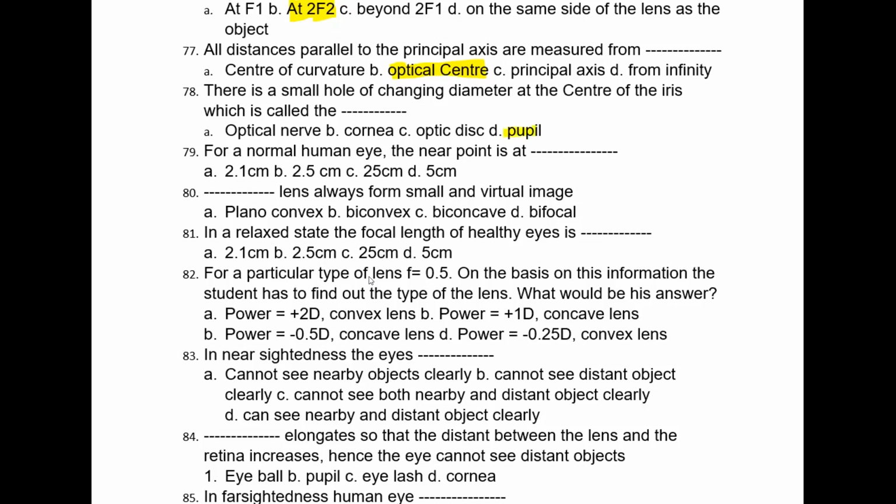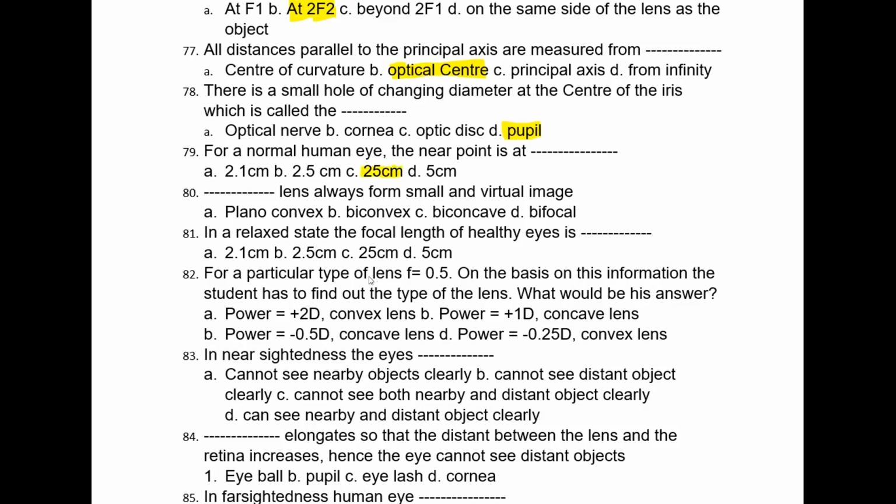We know that a small opening in the iris is called the pupil. For a normal human eye, the near point is at dash. 21 centimeter, 2.1 centimeter, 2.5 centimeter, 25 centimeter, 5 centimeter. For a normal human eye, the near point is at 25 centimeter.